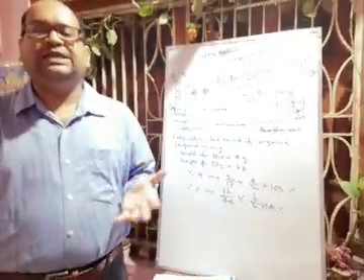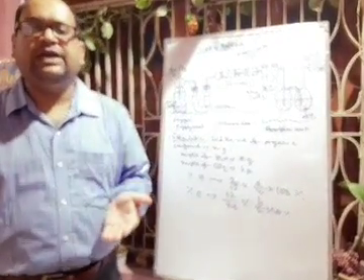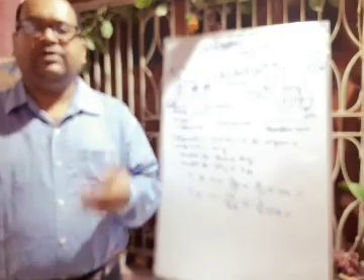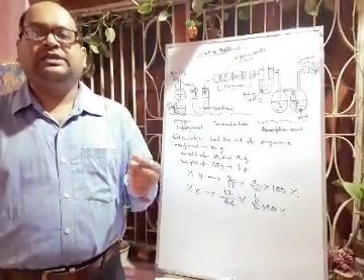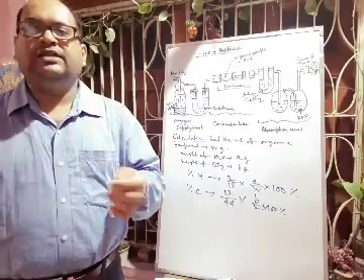So here what is the reaction? Ammonium sulfate is reacting with sodium hydroxide forming ammonia gas, and distillation is stopped when a drop of distillate does not turn the red litmus blue.